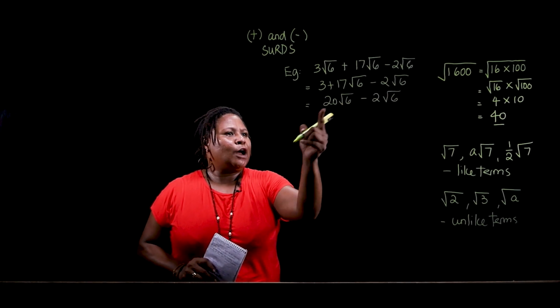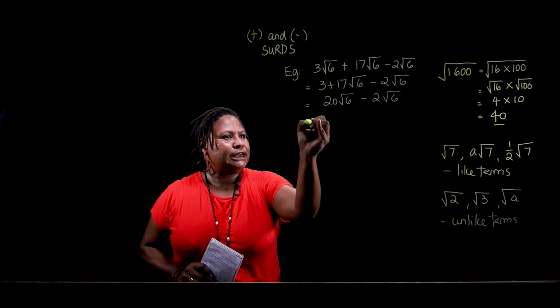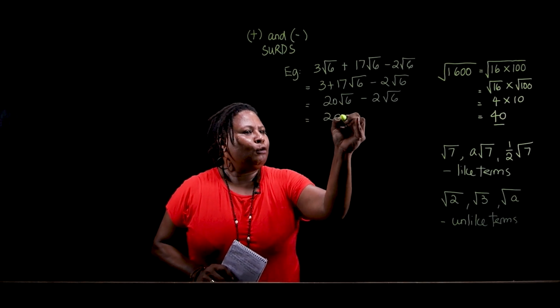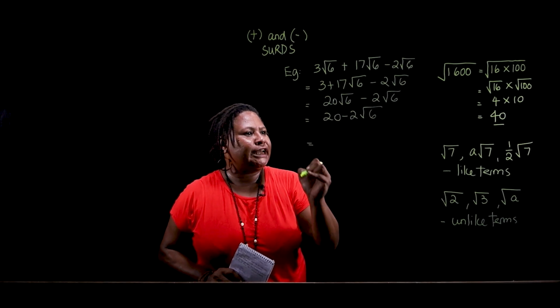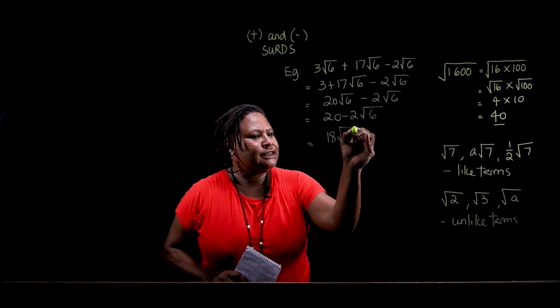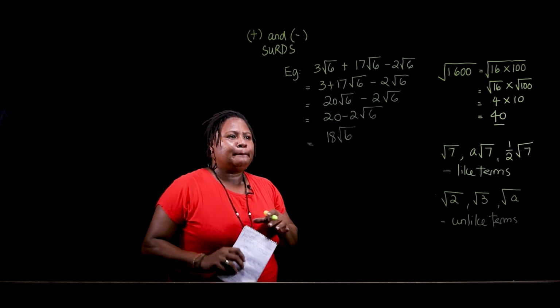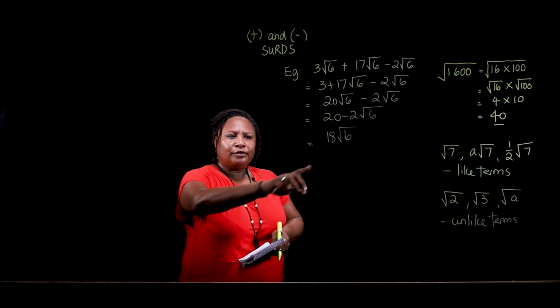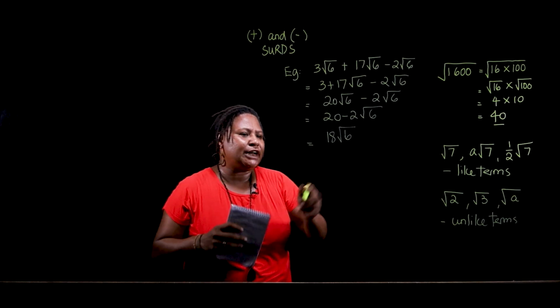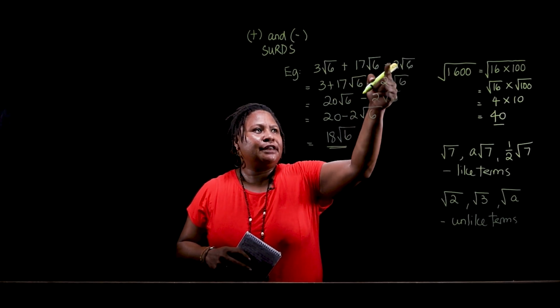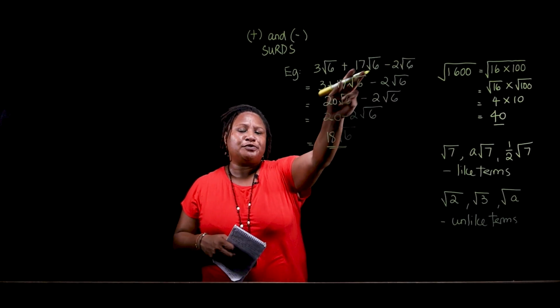Now we do the subtraction: 20 minus 2 root 6. And our final answer is 18 root 6. We cannot simplify this any further, so this becomes the final answer to the addition and subtraction of these radicals.